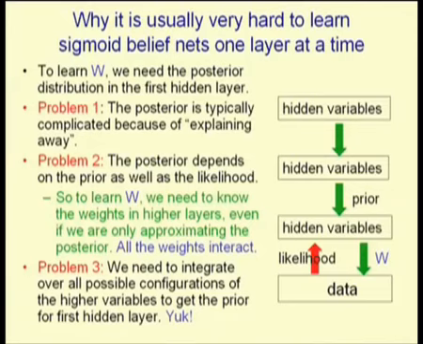But the posterior here depends on two things. It depends on the data. I'll call that dependency the likelihood term. And it also depends on the prior. If the stuff up here said this unit never turns on, then that's that. It can't turn on even if the data would like it to.